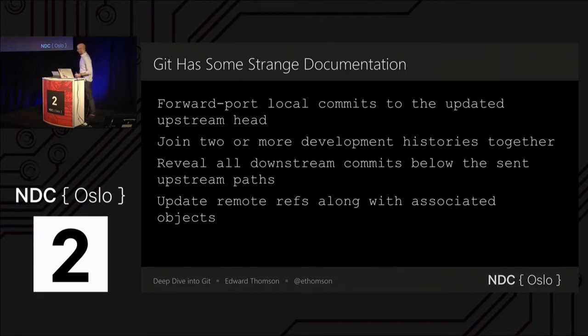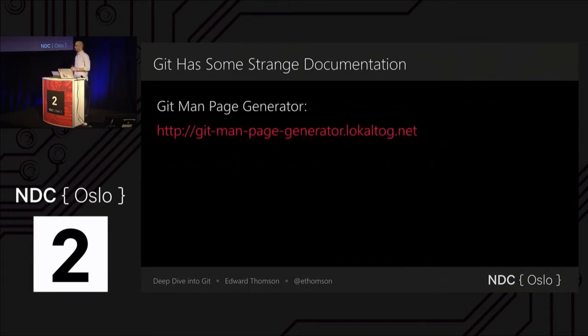I created this slide a while ago, so I'm actually not sure which one's which. I think it's the third one, "reveal all downstream commits below the sent upstream paths." I think that's the fake one, but how on earth is that any different than the first? I don't remember. So, go check that out, have some fun. It won't confuse you any more than the actual documentation.